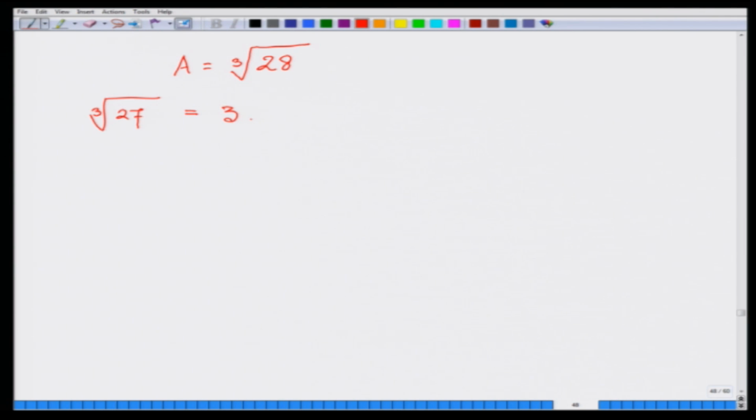So if I set f of x as the cube root of x, then f of 27 must be 3.